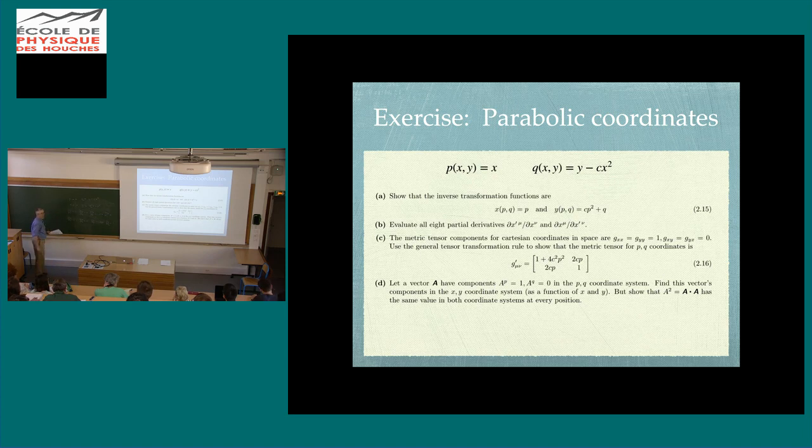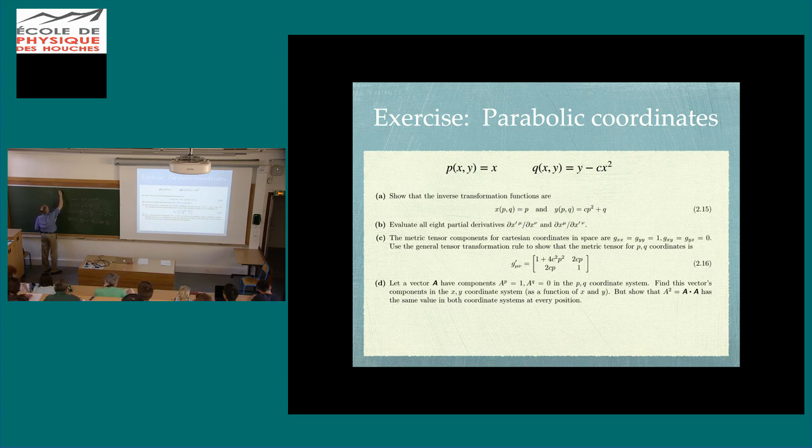So if I wanted to find the metric tensor components, what would I do here? Say I want to find g_pp. I've got to take a partial for each thing.